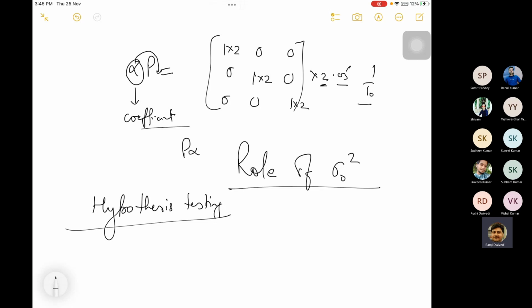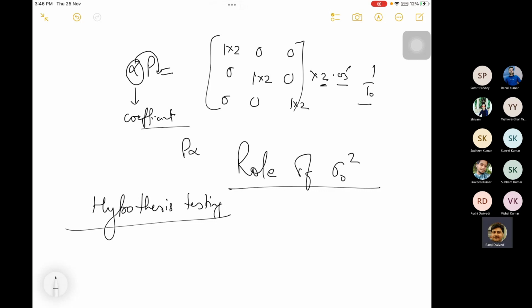Statistical testing means, I don't know how to explain statistical testing at this point, because I have not informed you about a little more basics yet. But to be very frank, hypothesis testing is part of statistical testing, which helps us, or which gives a green signal to our adjustment results.